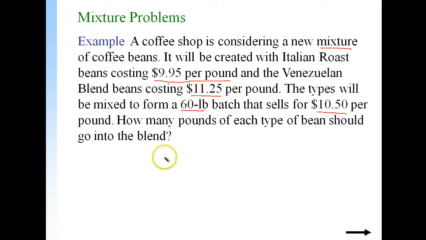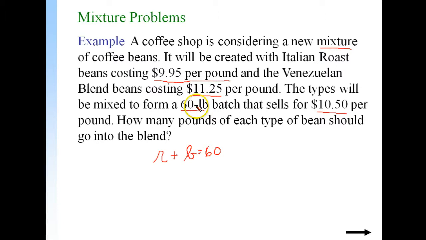So let's see what letters we can use. We're going to use roast blend. All right, well, let's use the R from the roast beans, plus the blend of the blend beans. And we're going to end up with 60 pounds of this.